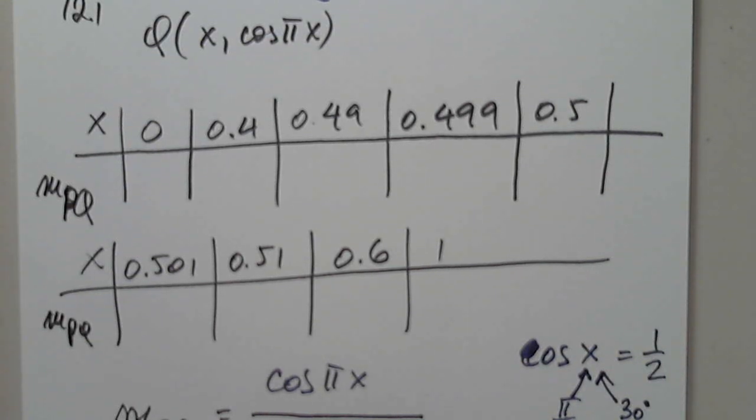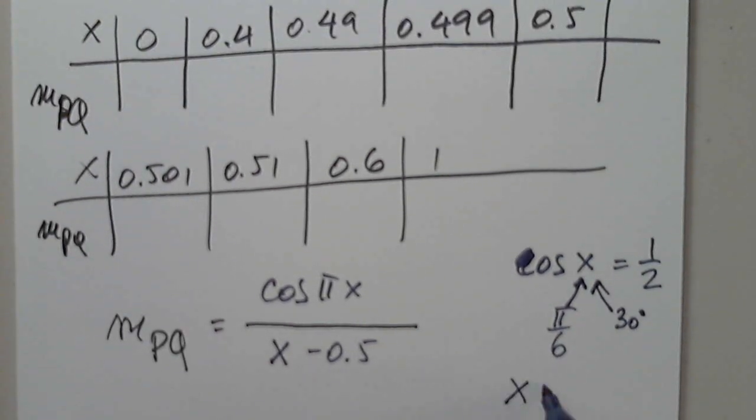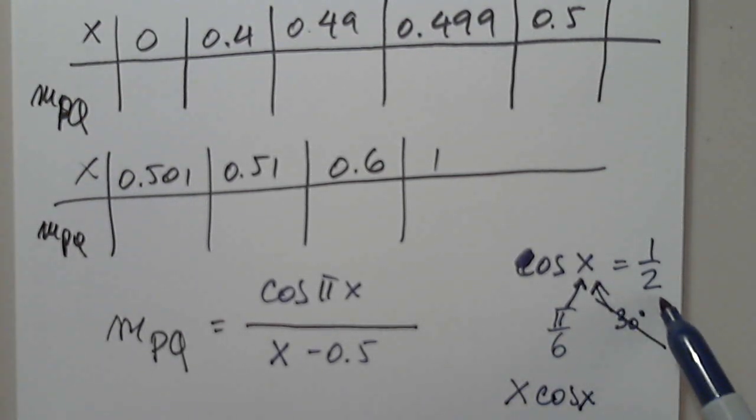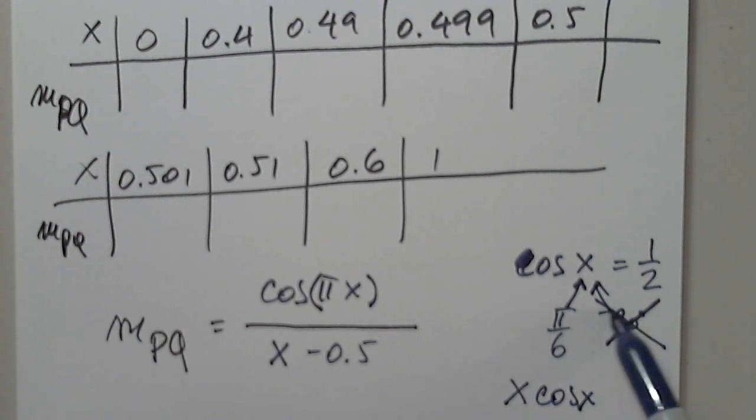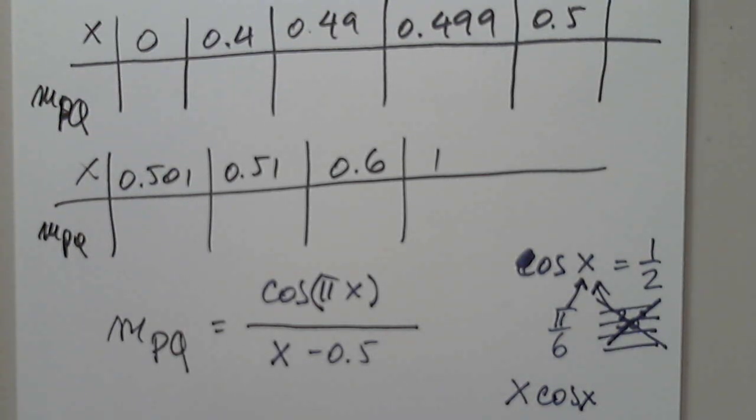But if you have something like x cosine x, you can no longer plug in degrees. If there is any x other than inside a trig function, you can no longer use degrees. So make sure that all these calculations are done with the calculator in radian mode. If it's just a trig function alone, who cares.